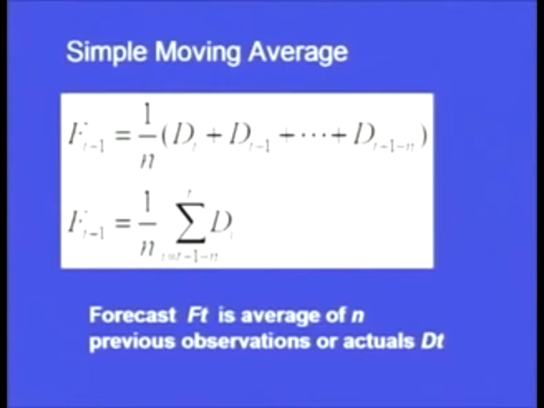But in simple moving average, sometimes it so happens that in the last 10 years the trend has been increasing, as has been shown in the very first slide today in the business cycles. So, when the trend is increasing and we have the data for the last 10 years, why should we give equal weightage to all the last 10 years?